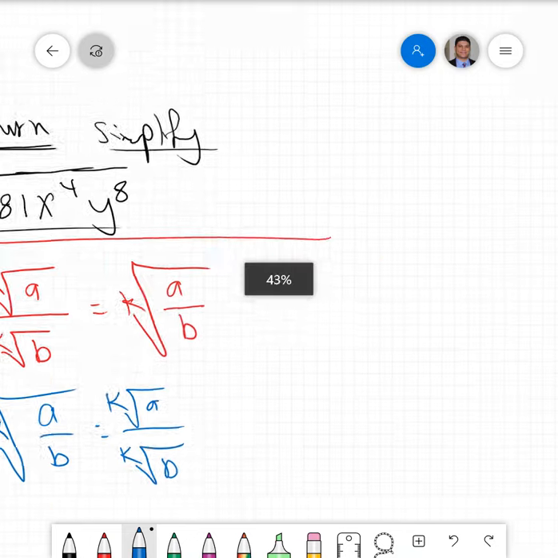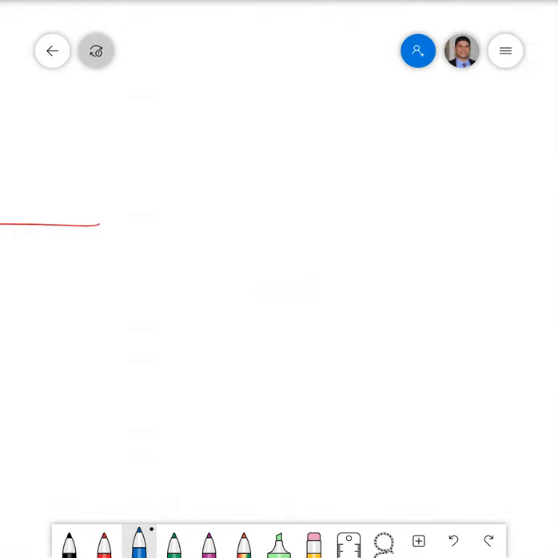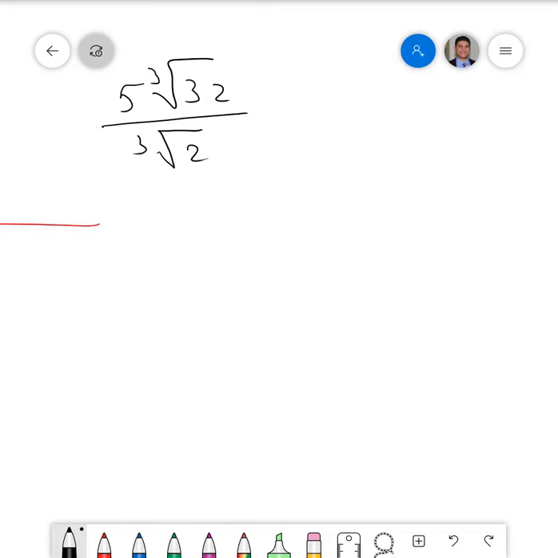For example, 5 third root of 32 over third root of 2. Here we have the same index, so we can keep the 5, and we can keep the same root. 32 divided by 2 is 16.